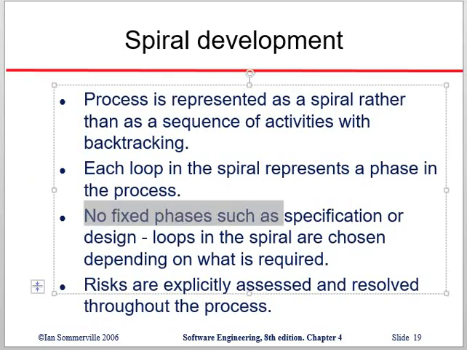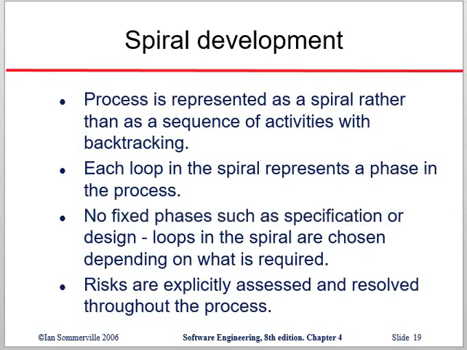There are no fixed phases such as specification or design, and risks are explicitly assessed and resolved throughout the process. That means you can reduce the risks of the process in the spiral model and you can recheck and rebuild the system again and again. But in spiral development, the cost is very high.